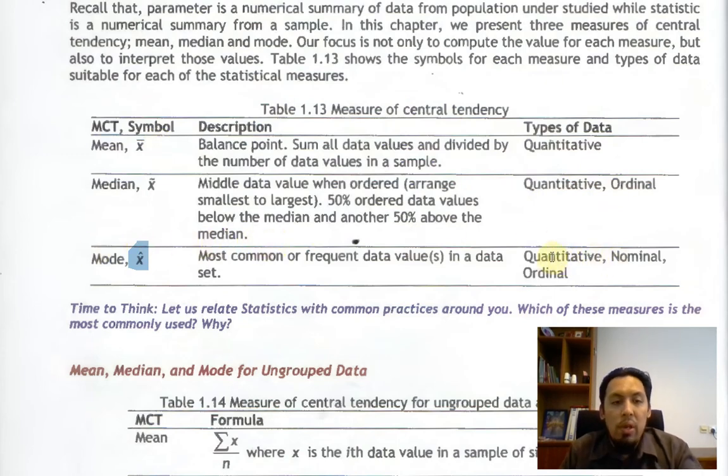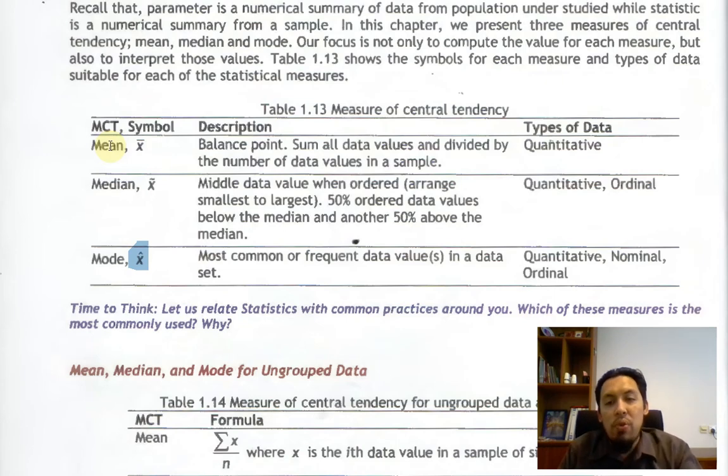So basically, when it comes to finding MCT for qualitative data, you will need to use median and mode. However, there is also a case where you have quantitative data, but you can still use any of these three. So the question is when to use mean, when to use median, and when to use mode.